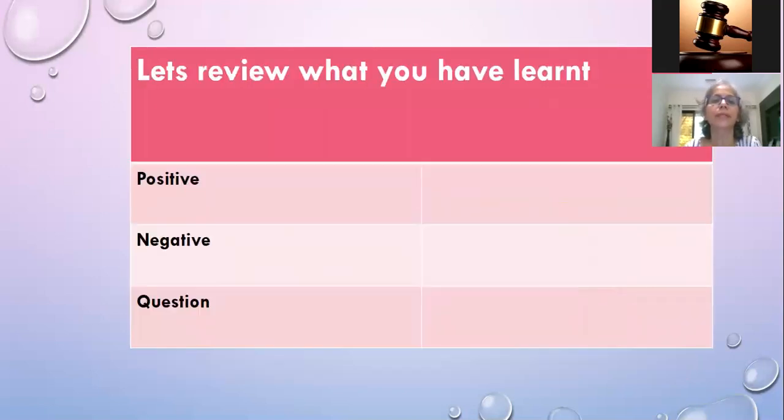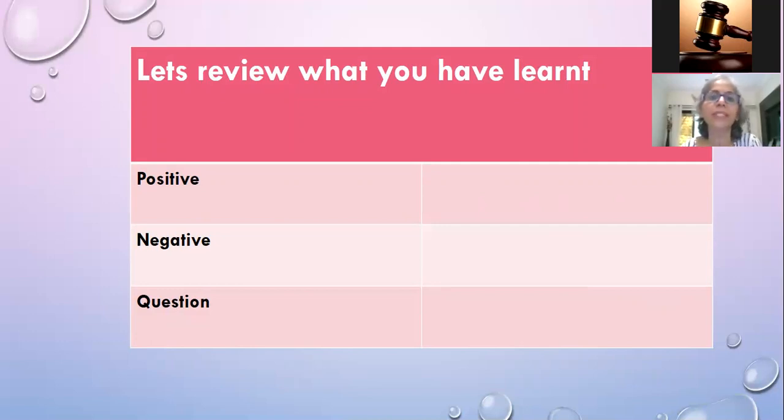So let's review what we have learned. We have learned how to write the positive statements in present continuous tense. What needs to be used in the positive statements is your subject, to be word, the verb plus ing.